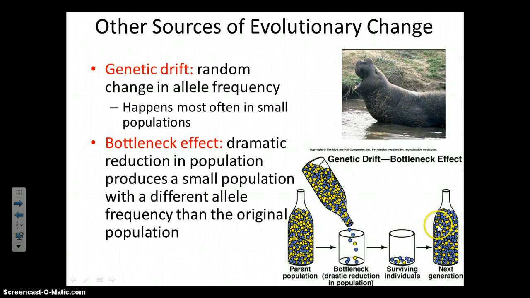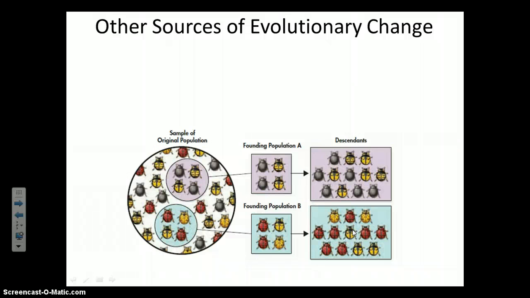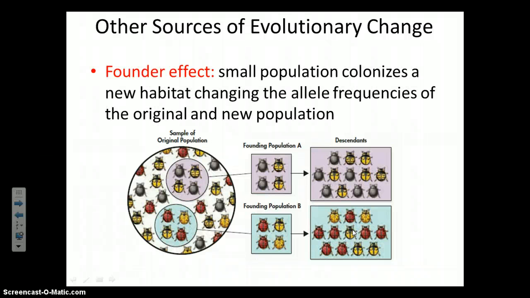So we see evolution here because we've changed the allele frequency from our parent population to the second generation because of a dramatic reduction in the population size. So natural disasters are common ways for this to happen, and also human causes cause the bottleneck effect, such as when we overhunt. And the last source of evolutionary change is called the founder's effect.